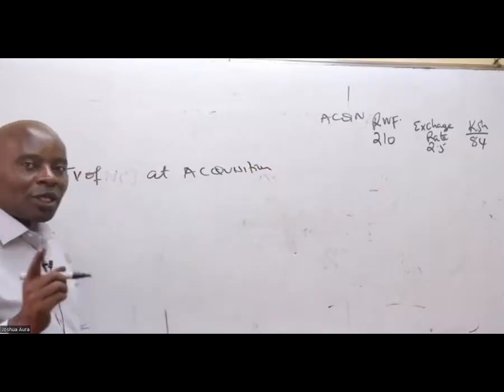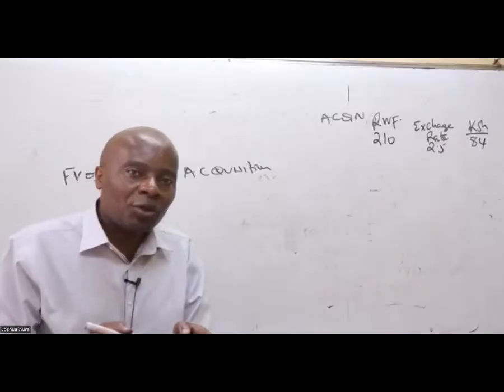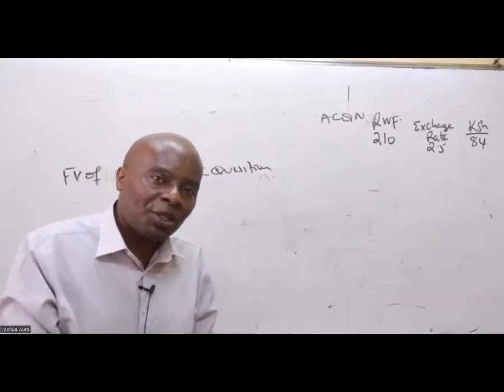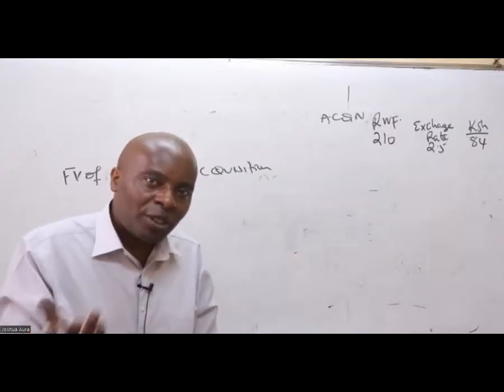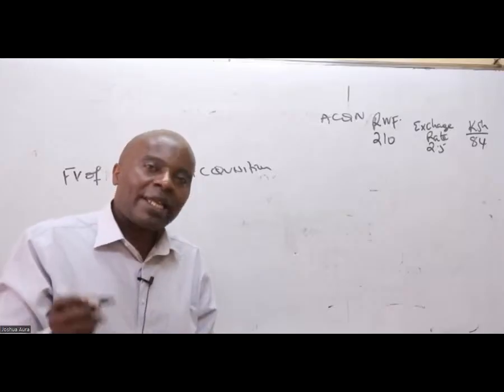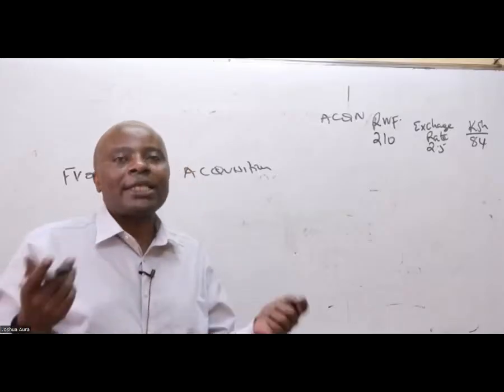So at acquisition, we shall look at how many shares these guys have. 10 shares. The market is willing to accept these shares at how much? Maybe 20. So take 10 times 20, 200. That is at acquisition. But again, there is another measurement which comes at reporting date.